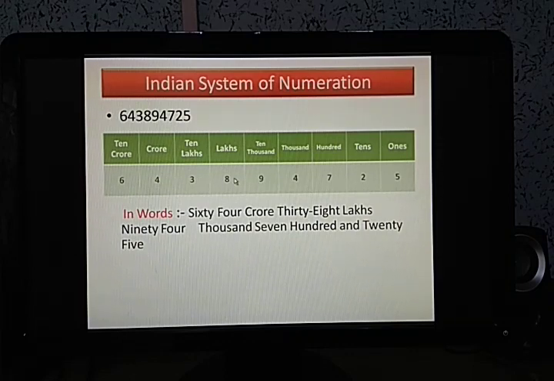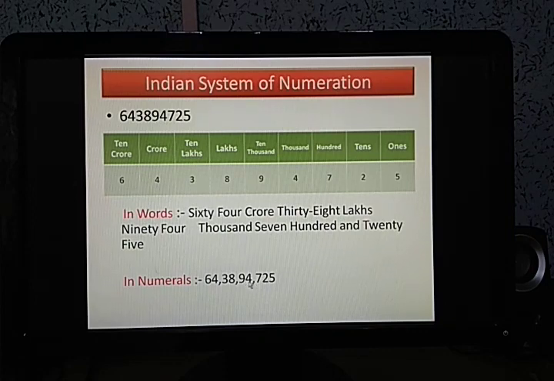38 lakhs, 94,725. And if we have to write in numerals, then the system that is followed in the Indian system is that after the first 3 digits, that is the ones place, tens place, and hundreds place, we put a comma.